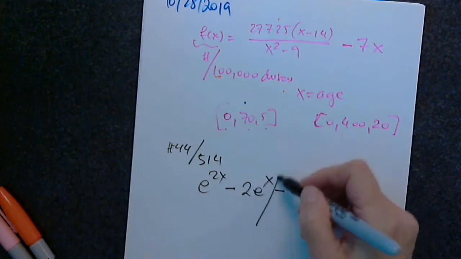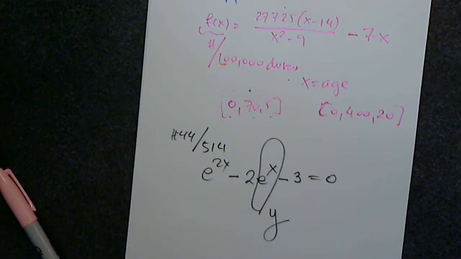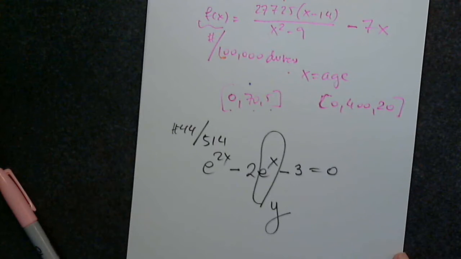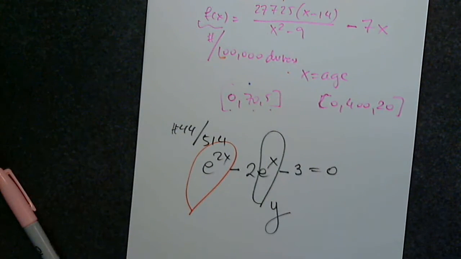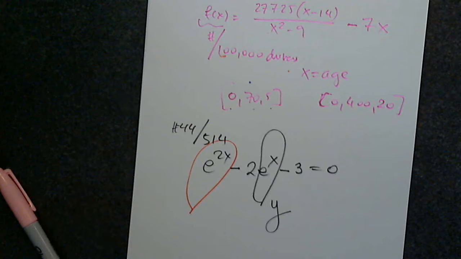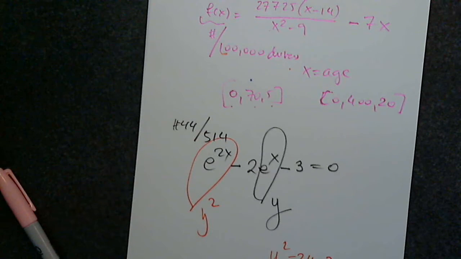Yes! I realize that this can be denoted by y only if this can be denoted by x and y in the same equation. We don't want that. Y squared, which means y squared minus 2y minus 3 equals 0, but only if it's there.